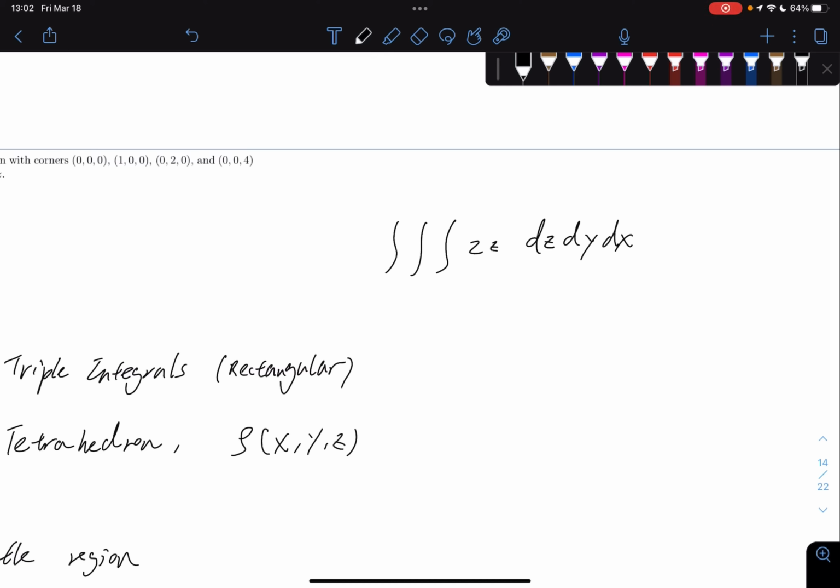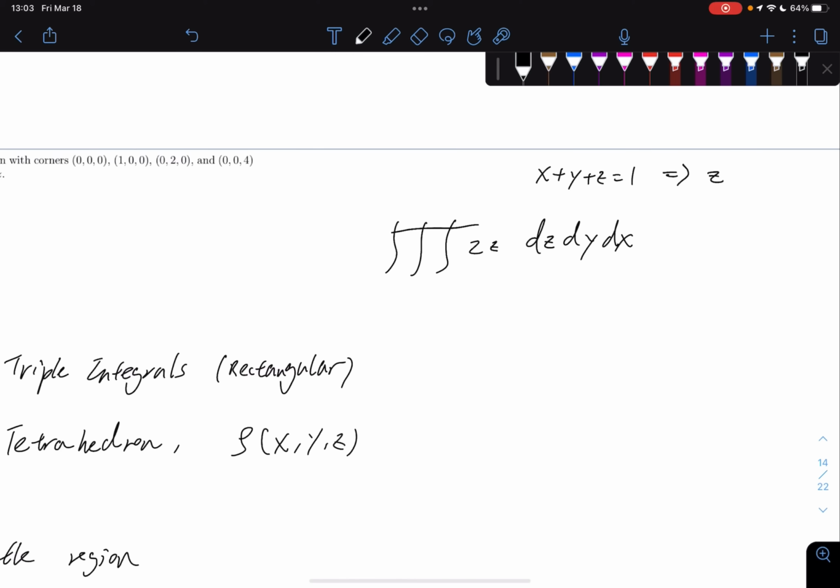The issue with this integration order is you are complicating the integral by messing with the z variable, because I think you agree with me that these upper bounds are going to be very, very messy. They're not going to be constants, and let's say I have some sort of plane that looks like x plus y plus z equals 1.